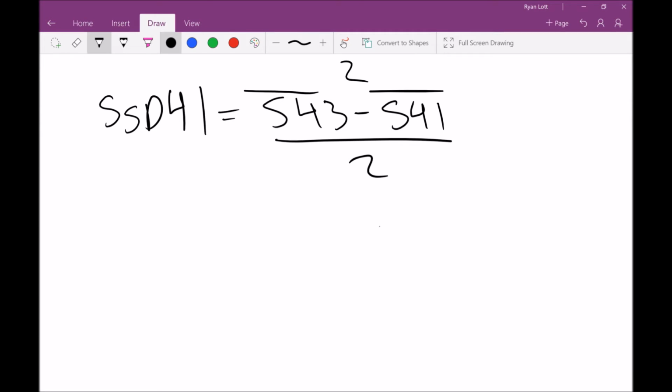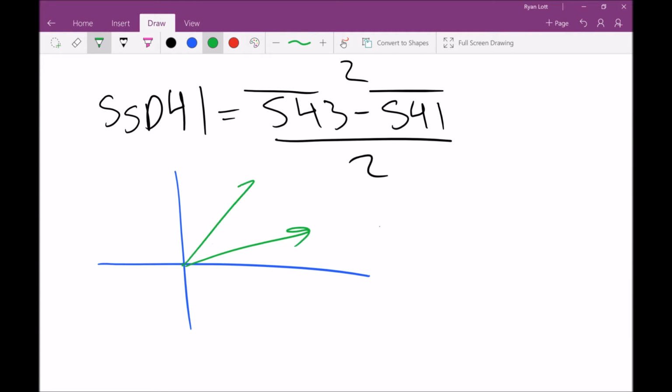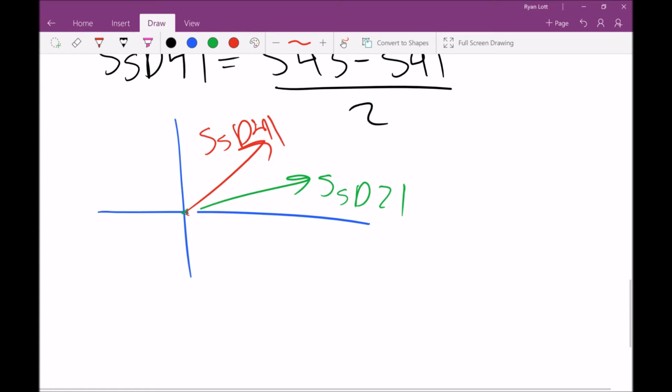So now if we were to draw our phasor plot again, this could be SSD21, this could be SSD41. It's angle B, we'll say.